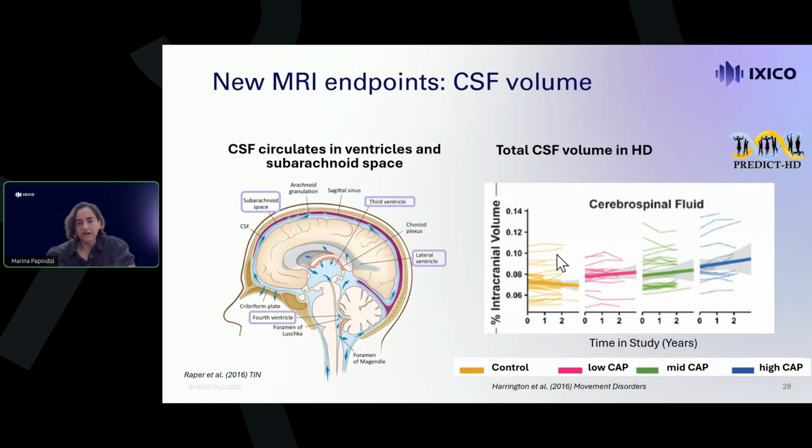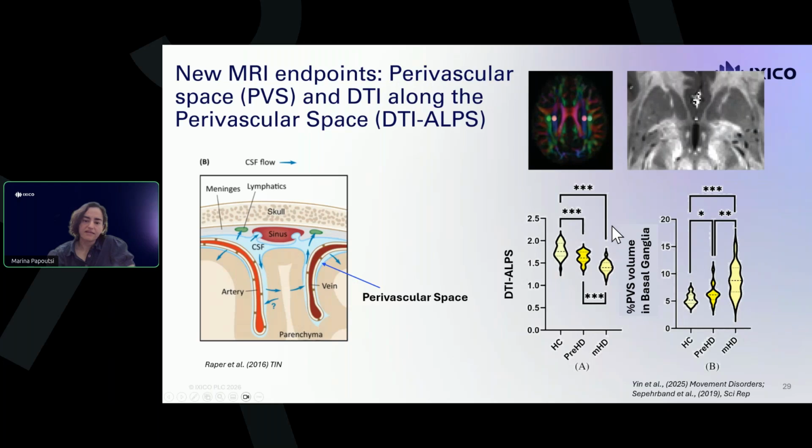Another new endpoint, with a lot of recent developments, is looking at perivascular space. CSF flows around the arteries and veins; it's part of the perivascular space. And even though the total volume is very small, we know in HD, particularly for the basal ganglia, you can see here in the top right, there is a lot of vasculature crossing the tail of the putamen, and this does change with disease.